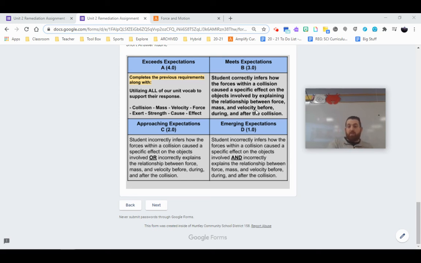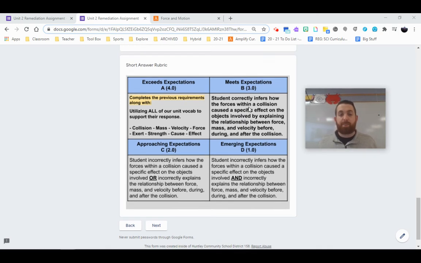Before, we talked about how the objects had different masses. During, we talked about how the larger and smaller masses needed larger and smaller forces. And then after, we talked about how those larger and smaller forces would cause larger or smaller changes to the velocity of the satellite. Pulling everything in there and answering that section in a complete response.